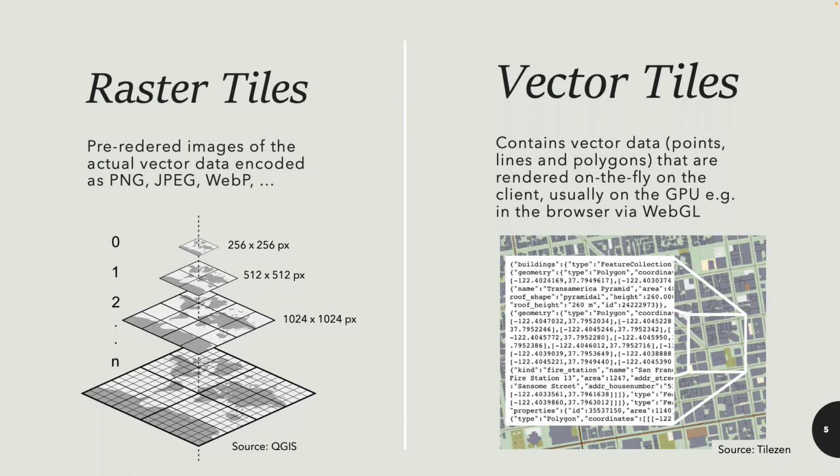This has the advantage that the vector data are rendered on the fly on the client, usually with the help of a GPU. So in the browser, you normally use WebGL. Currently WebGPU is also arising, but the widely used standard at the moment is WebGL.